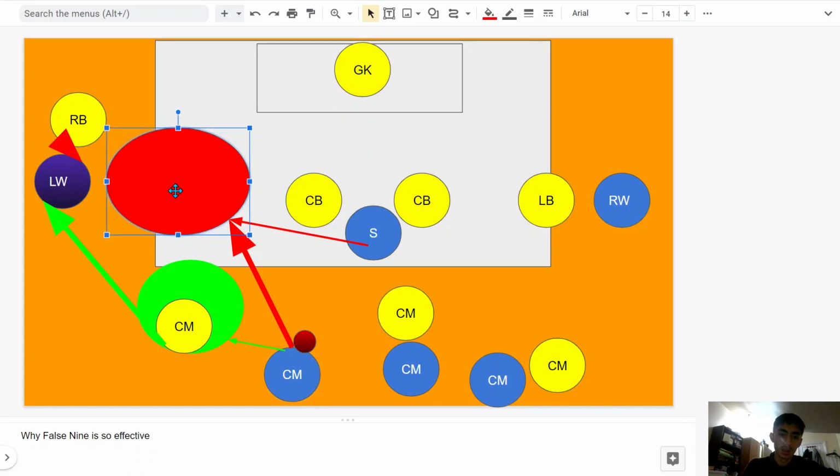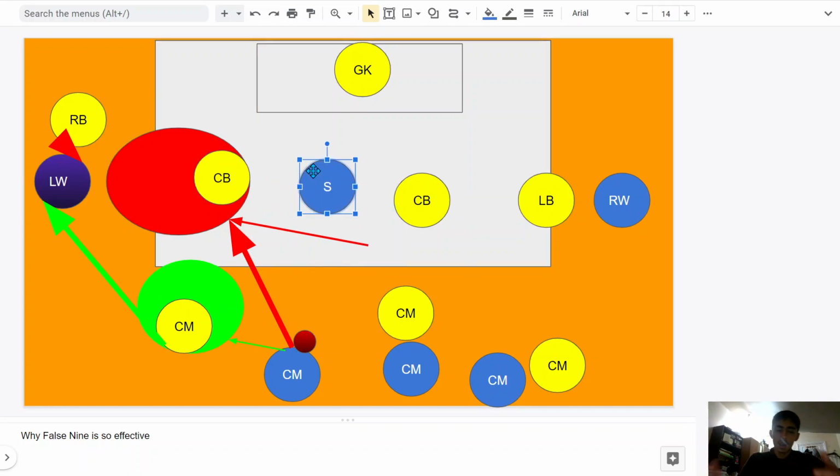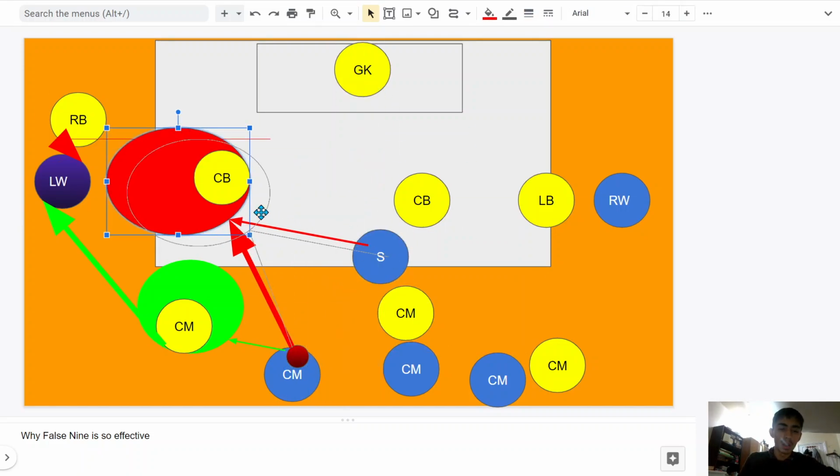The centre midfielder can go there, the striker can go there, and the problem is if this guy decides to come and block that space, then who's going to cover this space here? That leaves the striker with more likely an open shot, especially if the central midfielder has the ball. You can just give an easy pass and yeah, you get the point. So this is another example of why the false nine is so effective.